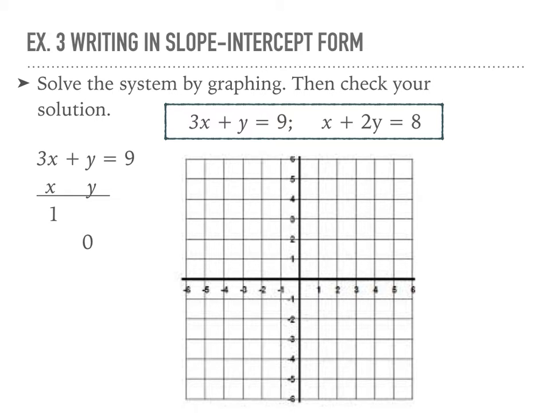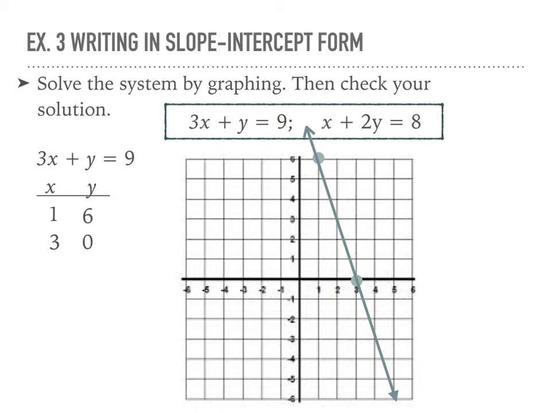So if I substitute 1 in place of x, can you see that y would equal 6? If I substitute 0 in place of y, x equals 3. And I can graph those 2 points and connect the points, and that's my line 3x plus y equals 9.